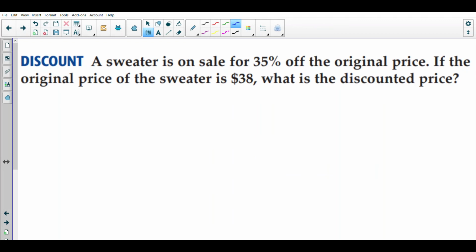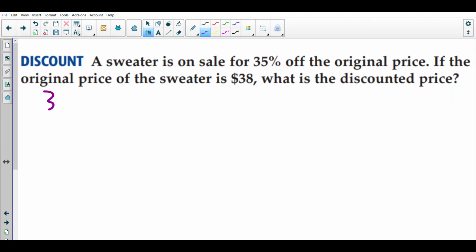A sweater is on sale for 35% off the original price. If the original price of the sweater is $38, what is the discounted price? There are two ways we can do this. One is to find the discount, the percent off, or you can follow the steps I gave you. I'm going to do both for you.